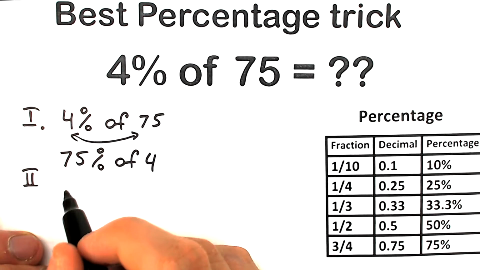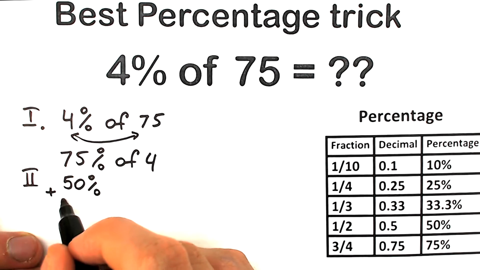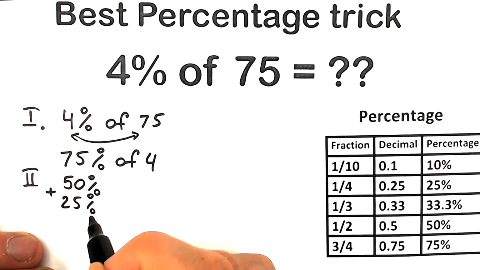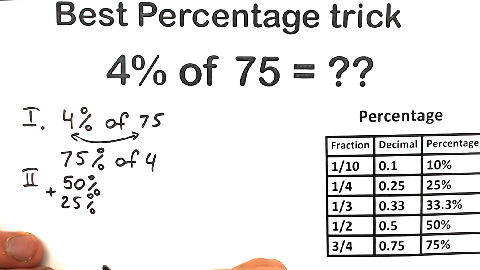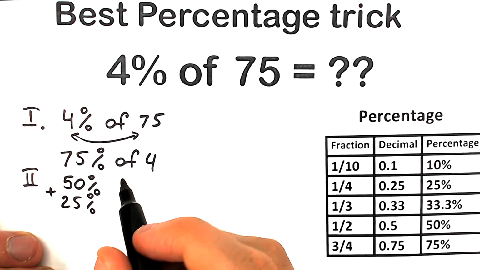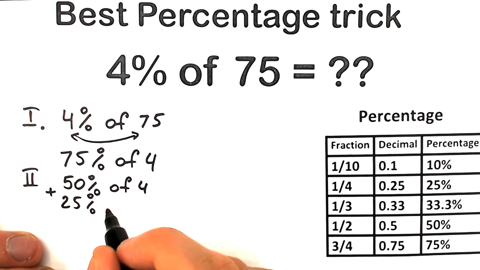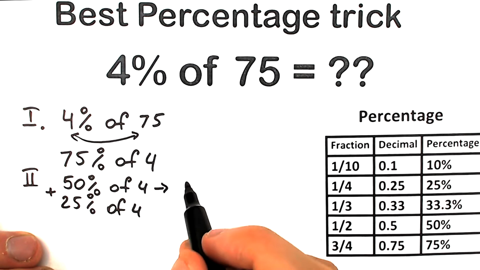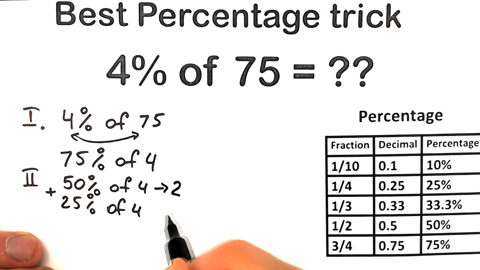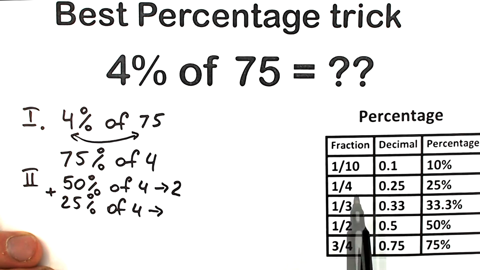75% is the same as 50% plus 25%, okay? If you don't like this 75, you can easily express it as 50% plus 25%, and of course 50% of 4 plus 25% of 4. 50% of 4 is like a half, equal to 2, and 25% of 4 is like a fourth part, 1 over 4, which is equal to 1.